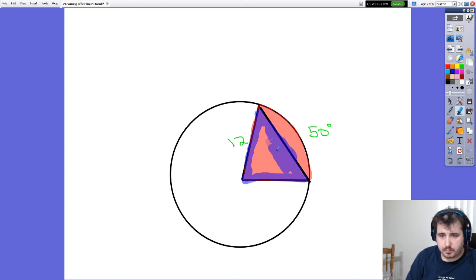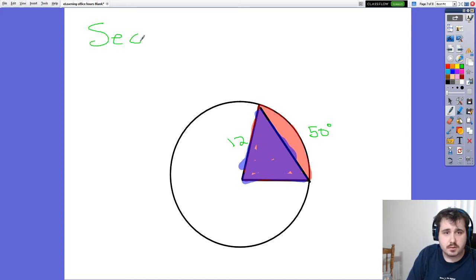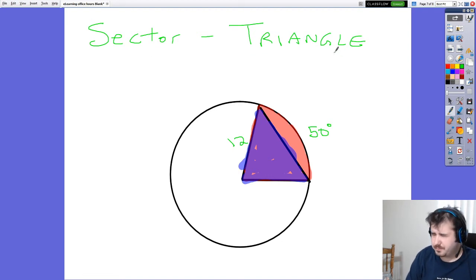So what it boils down to is the sector minus the triangle.